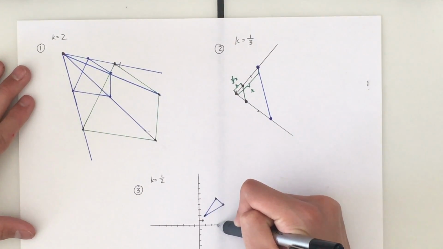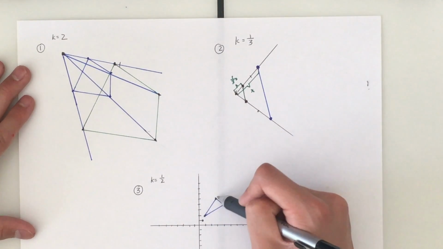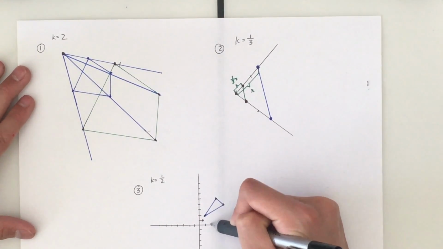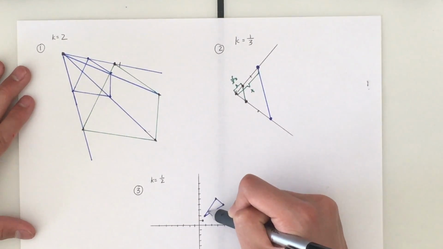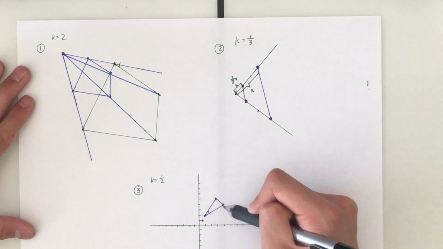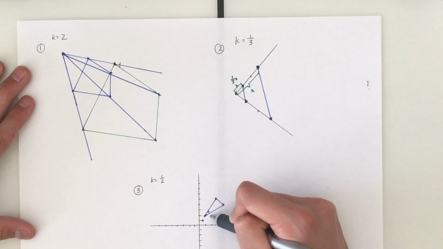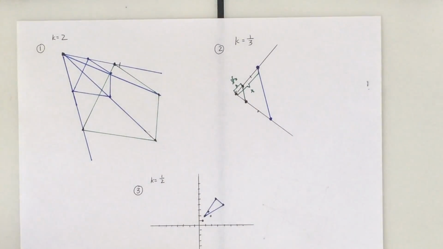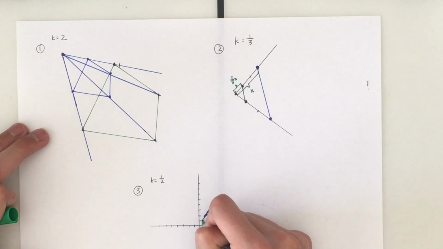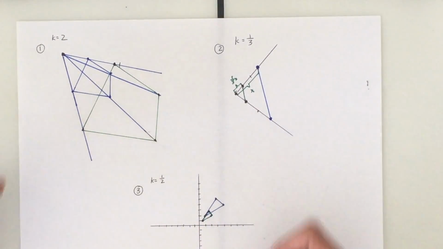The next point is (3, 5), so that would be (1.5, 2.5). And the last point is (4, 4), so that would be (2, 2). Now we've dilated it by a scale factor of 1/2, about the origin.